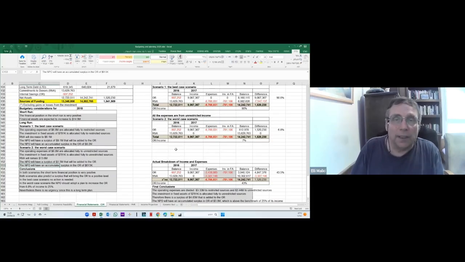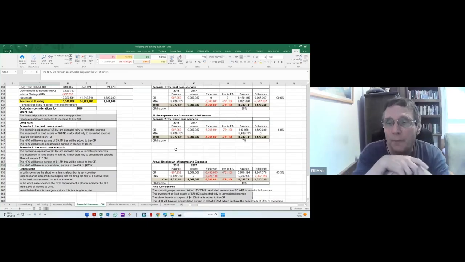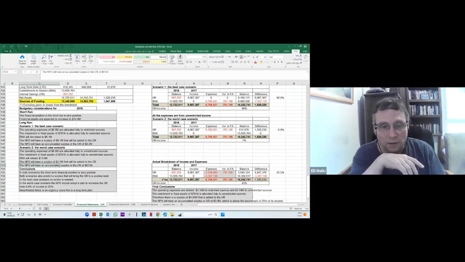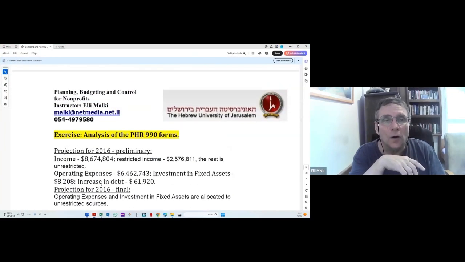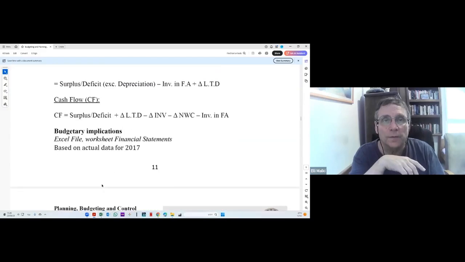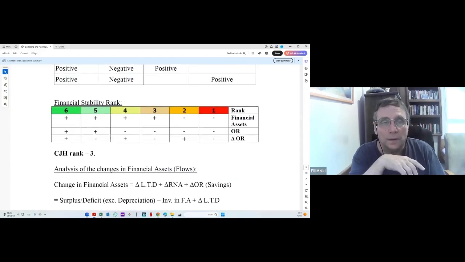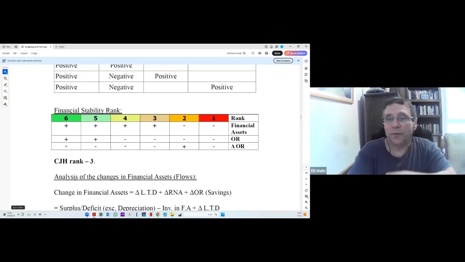Okay, hopefully. Now, when we talk about financial strategy, I want to go back here. And if you recall, we looked in the previous class at this table of financial stability rank.